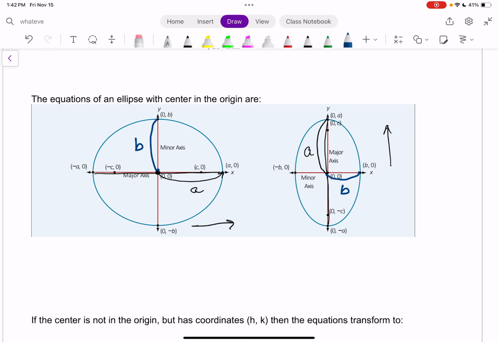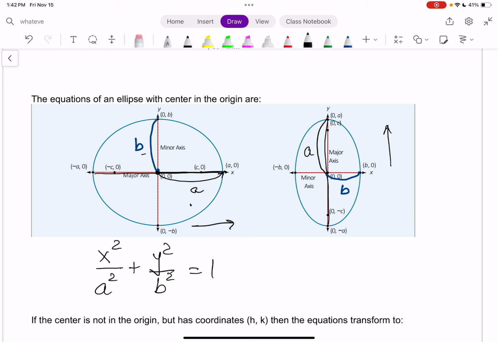Okay, and so let me write immediately the equations for you. X squared, as you see in this picture here, A is in an x direction and B is in a y direction. So whatever's under x squared, again, the distance in an x direction is going to go under x.